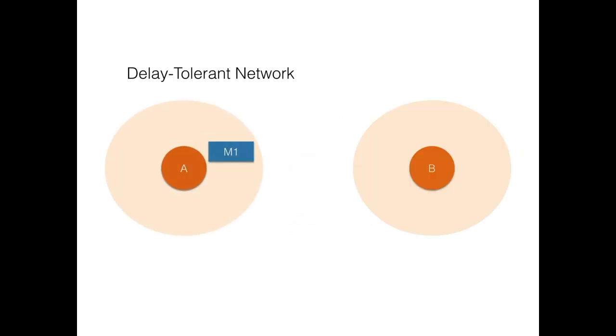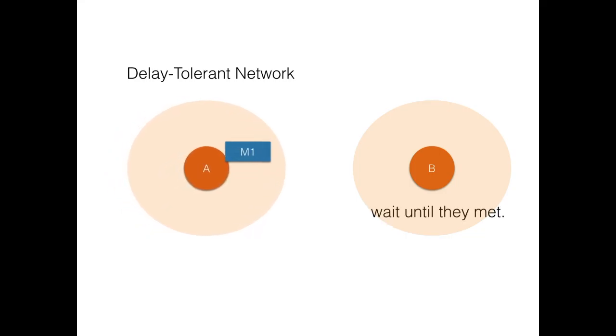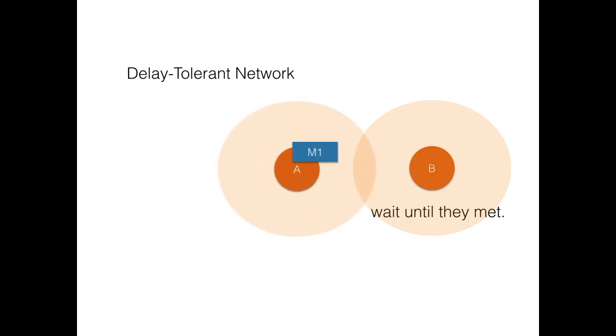So, you may ask how we're going to transmit our Facebook message to our friend if the aforementioned infrastructure is unavailable. The simple answer is, let the nodes in the network communicate directly between them. Store, carry, and forward information until it reaches its destination, which is the definition of delay-tolerant network.